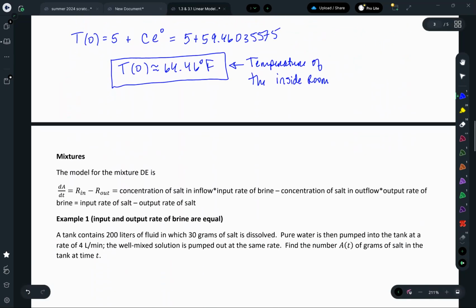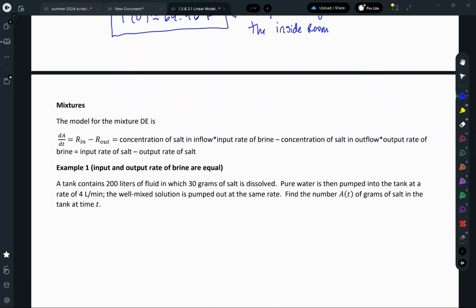All right. Mixture problems are next, and mixture problems are a bit different. The model for the mixture differential equation is always kind of the same. In our book, they stress a lot of things with salt and water mixtures. We don't deal with anything else really.